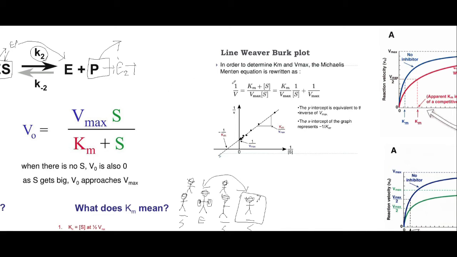Over here we just take the reciprocal of everything, and then we end up with this. This is our y-intercept, this is our slope, and this is our x-intercept.